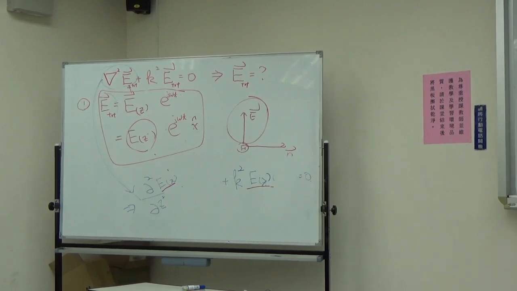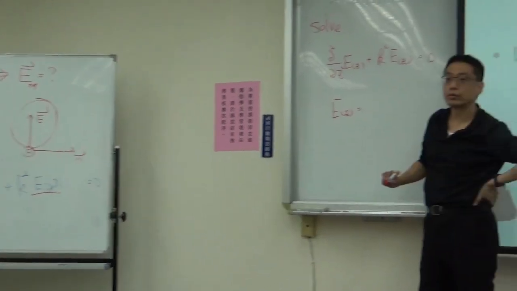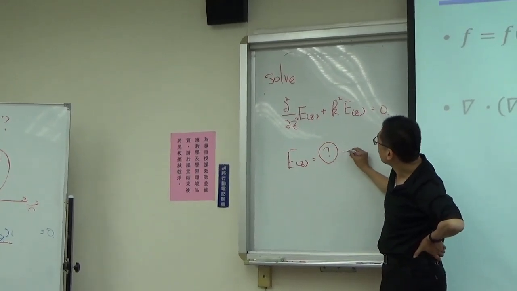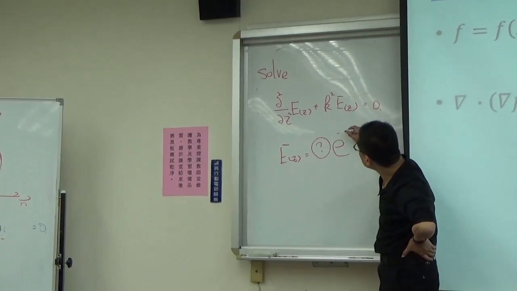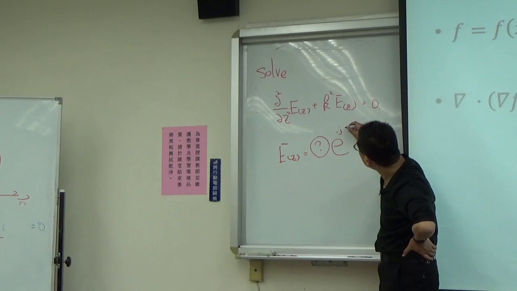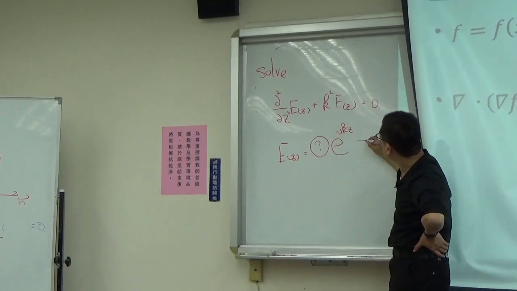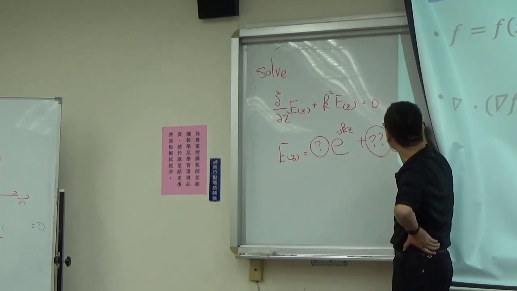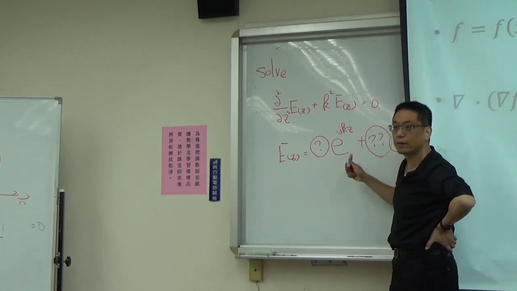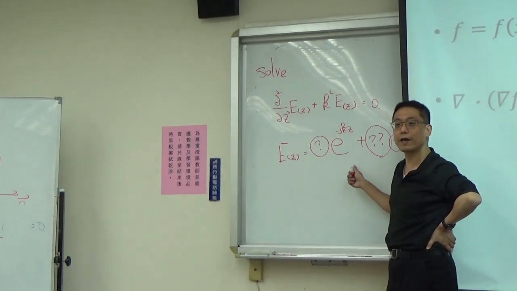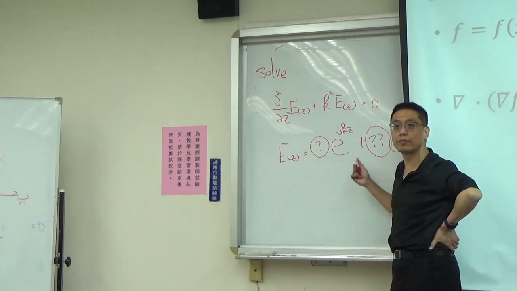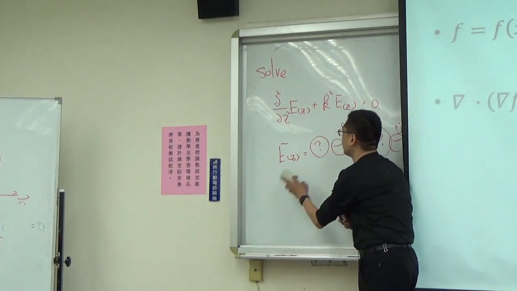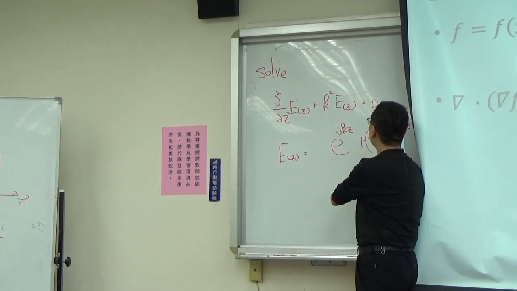E will equal something we don't know times exponential minus jkz plus another something we don't know times exponential plus jkz. In the calculus class we will prove that. Maybe you have some memory about this one. What is the something? We don't know.